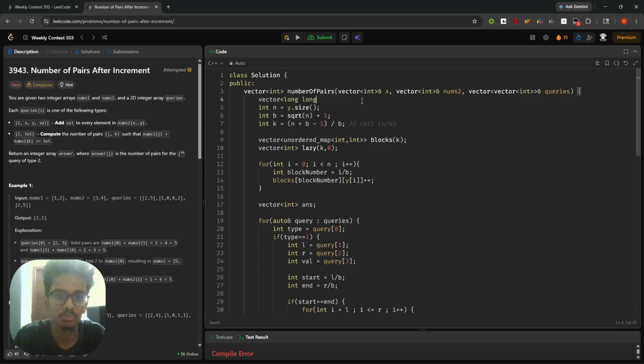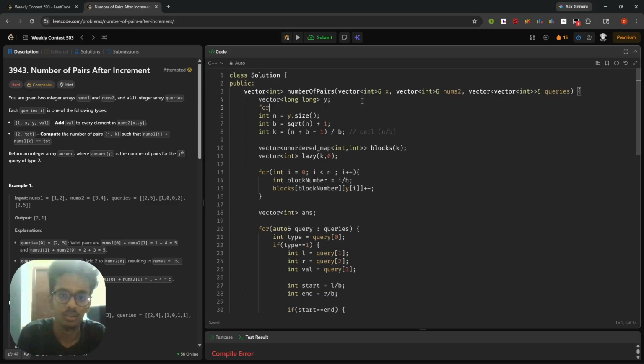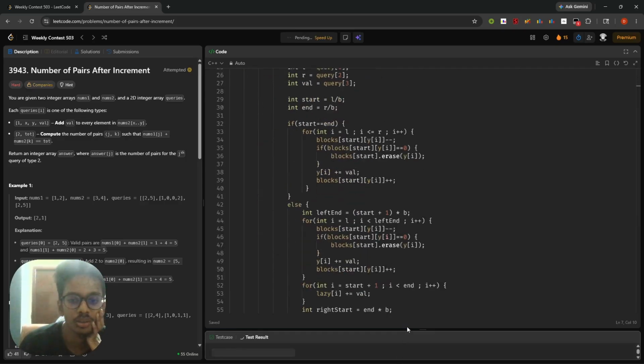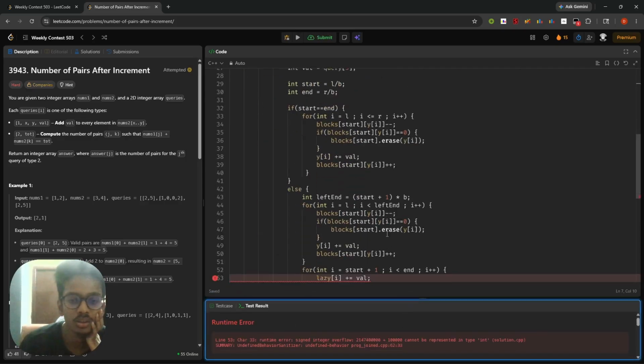So let's use some extra time for this. Auto ampersand i in nums2. Y dot push back i into another. Fine. That's all we can do.